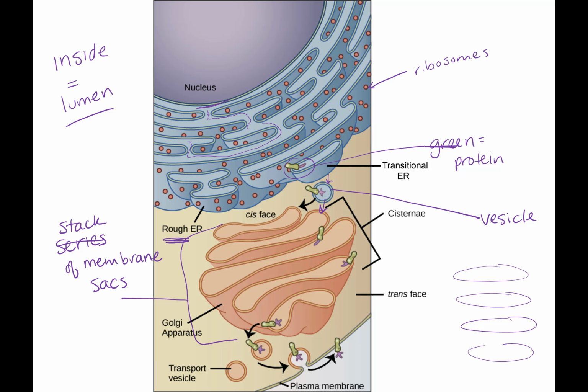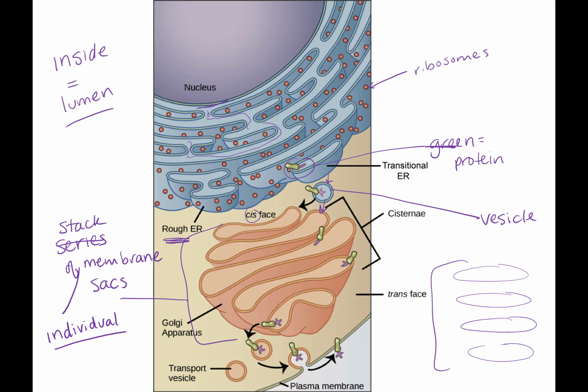That's quite different than the Golgi. These are, let's put individual membrane sacs. Okay, so their insides, their lumens, are not continuous. And that's because the Golgi sacs have different functions, right?